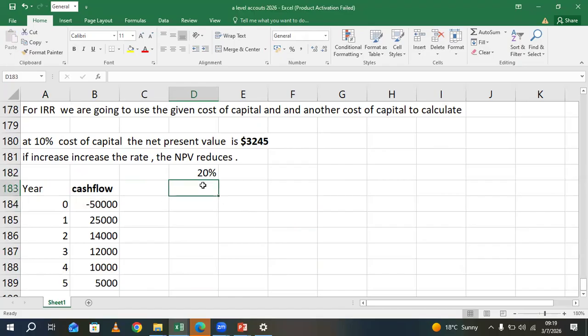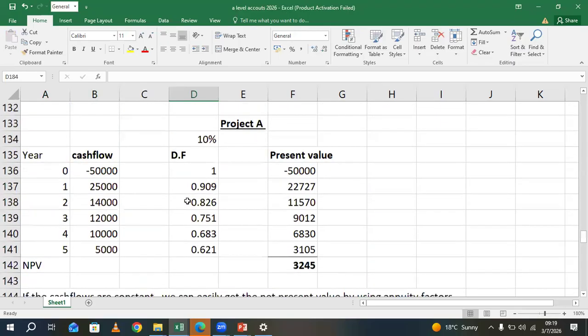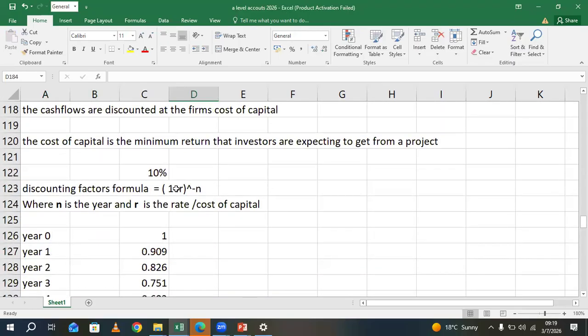So we now look for the discounting factors. For the discounting factors at 20%, remember the formula for calculating them if you're not given them. We said it's 1 plus the rate, to the power minus n.